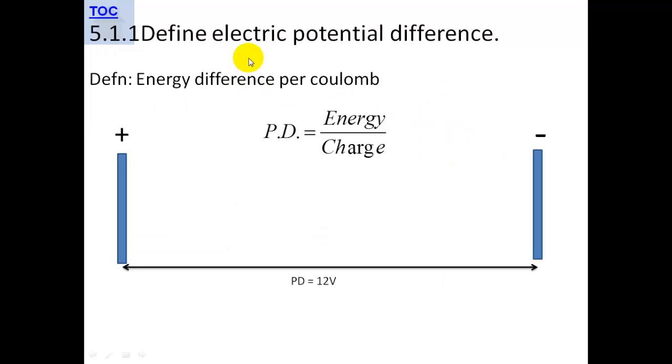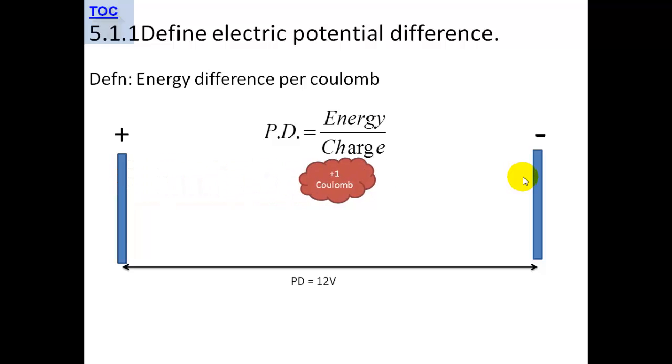Now, if we have two plates, this is a positive plate, this is a negative plate, and there's a potential difference of 12 volts. What it basically means is that when 1 coulomb travels from one side to the other, and the potential difference is 12 volts, it will gain 12 joules of energy.